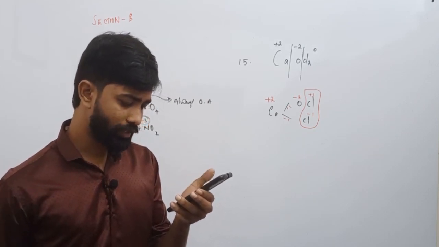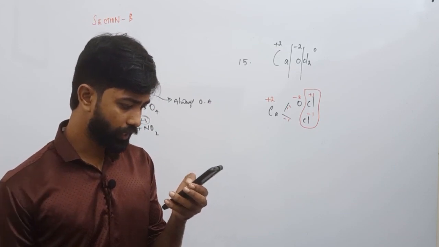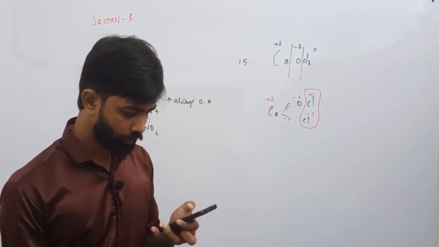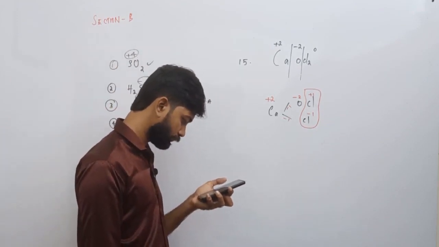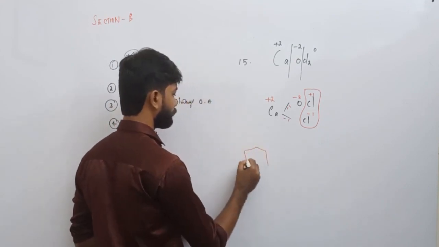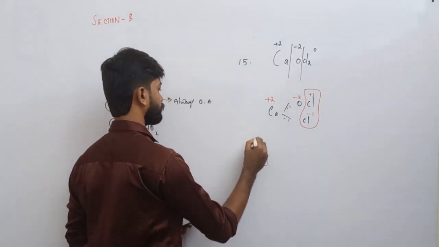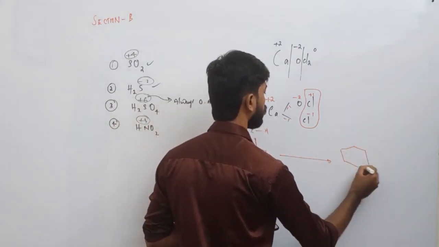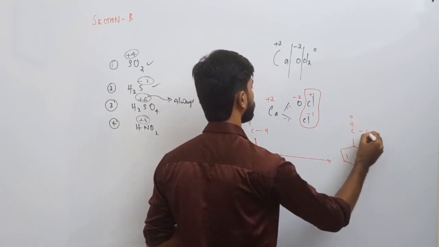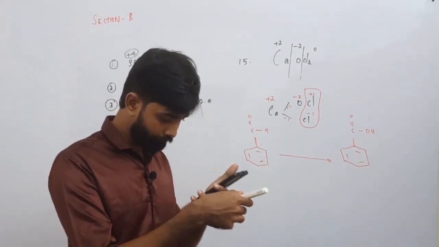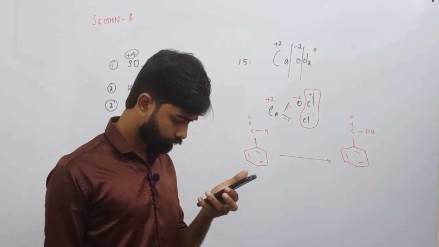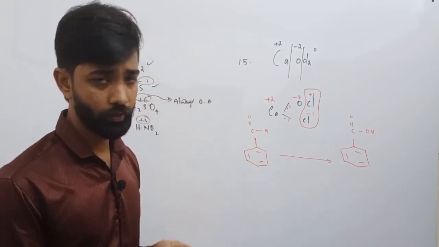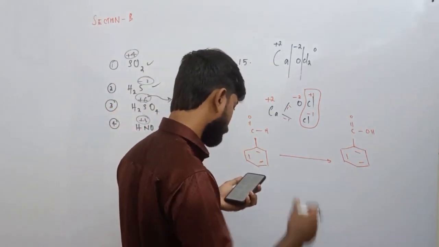What about the next question? When benzaldehyde is oxidized to give benzoic acid, the oxidation state of carbon of the aldehyde group changes from what to what?